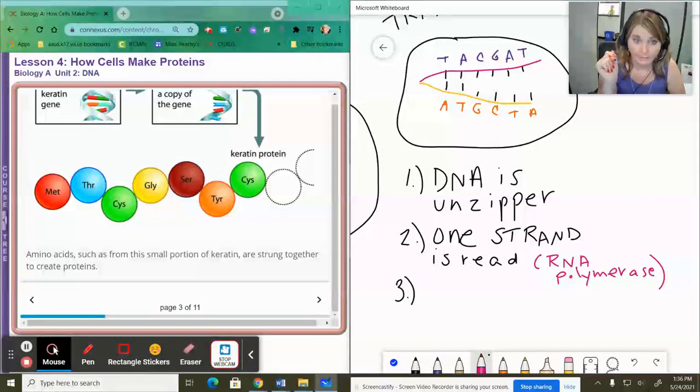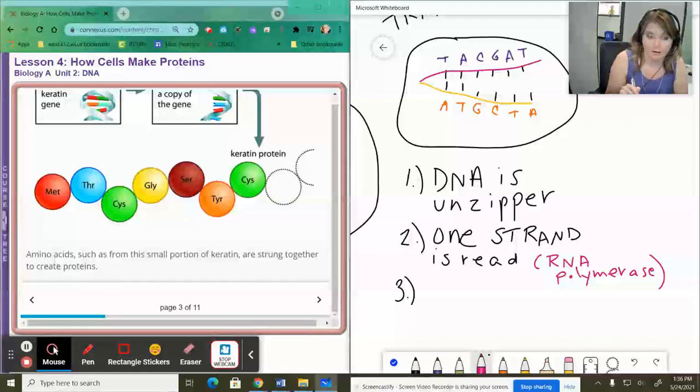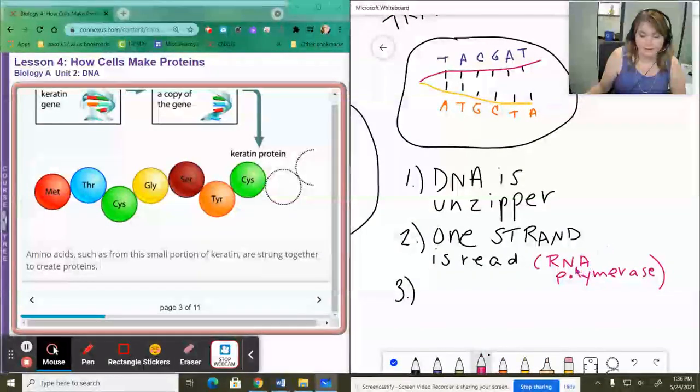Messenger RNA complements the DNA, but it has a slightly different base pairing. Let's say RNA polymerase is going to use the pink strand up here as its template. If it were making DNA, it would literally just make this. But it's not making DNA, it's making RNA.